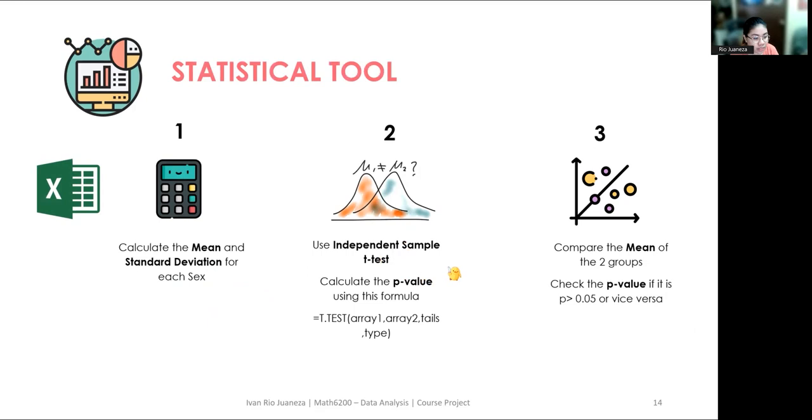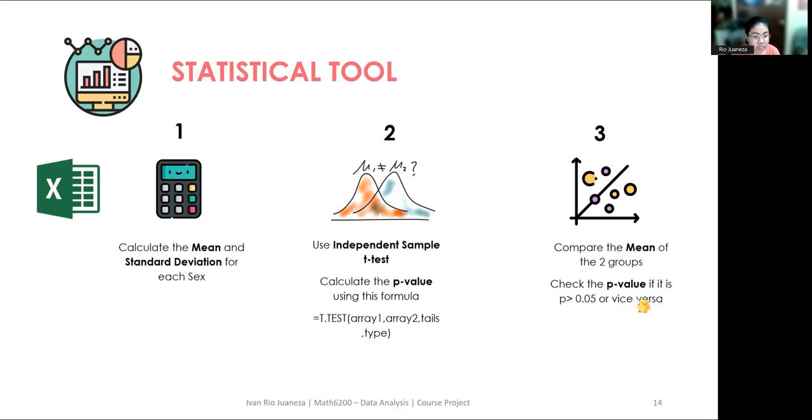Number 2 is to use the independent sample t-test, where we calculate the p-value using this formula: T.TEST, array 1, array 2, tails, and the type. Compare the mean of the two groups and check the p-value if p is less than 0.05 or p is greater than or equal to 0.05.